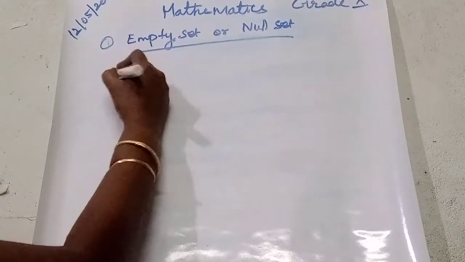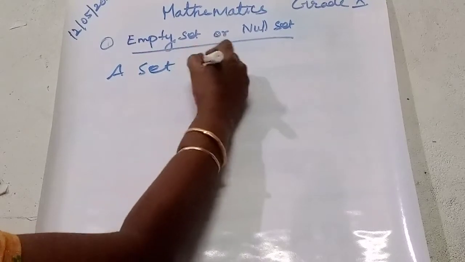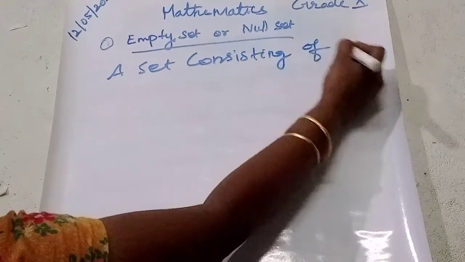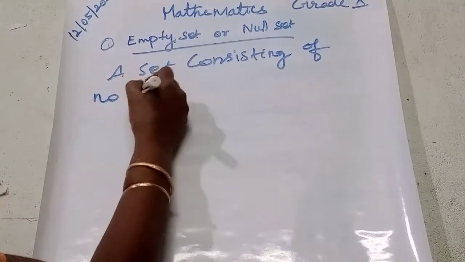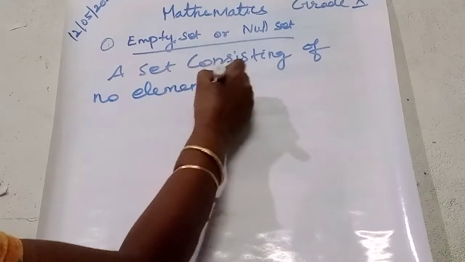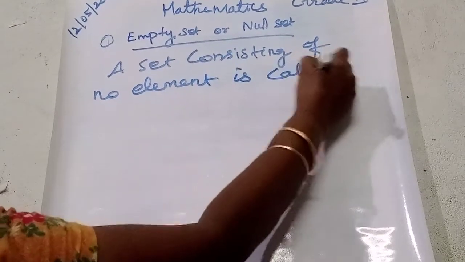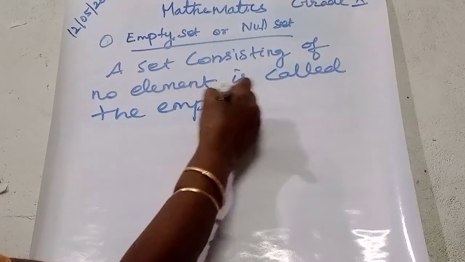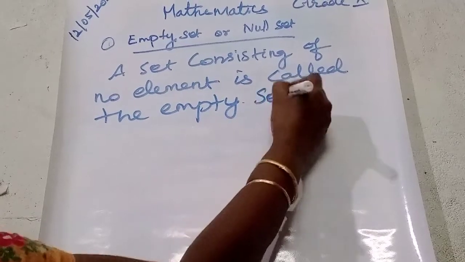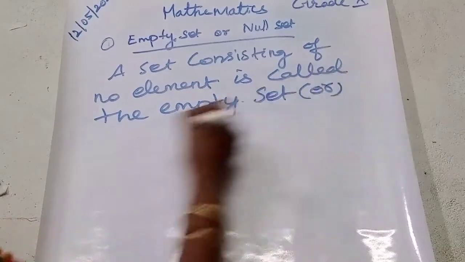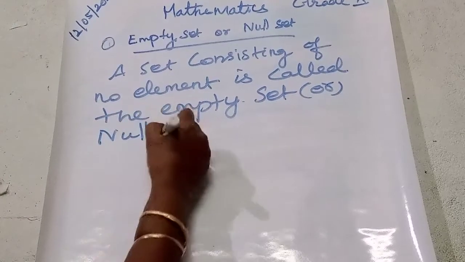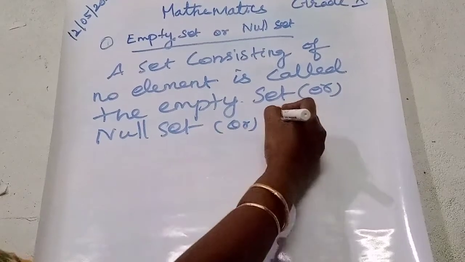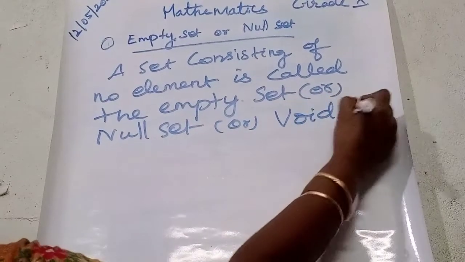A set consisting of no element is called the empty set or null set, and also it is called the void set. One more name is there, void set.